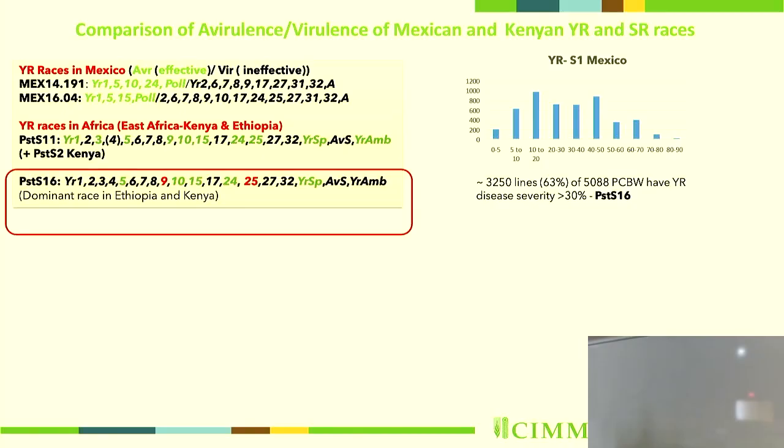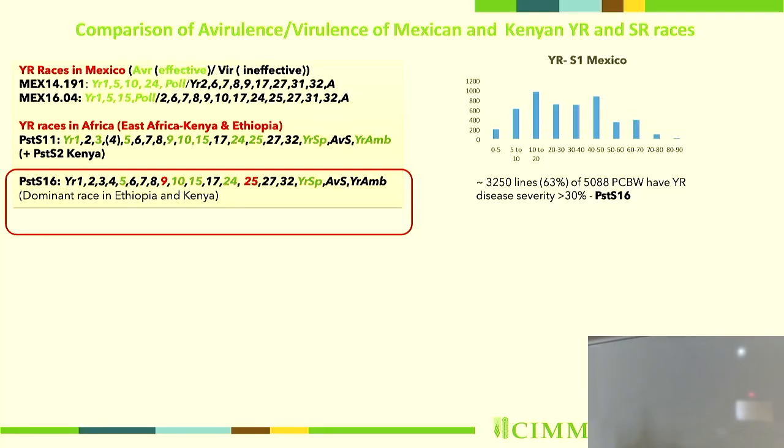Now PstS16 is the most dominant in Kenya. Although if you look at the virulences, it is not a lot different than what you can see in PstS11 or PstS2. So our fear is that it is taking out a lot more than what we can actually see, depending upon the differential sets or the near isogenic lines that we have.